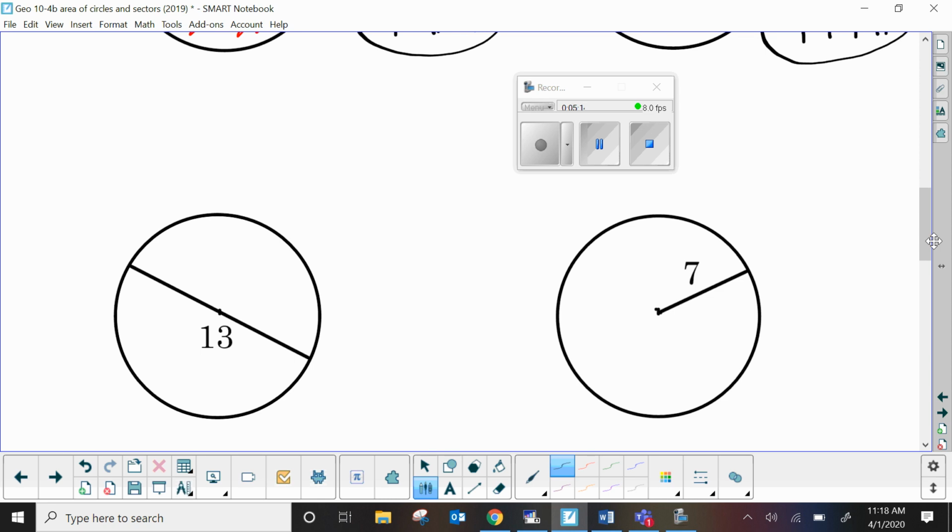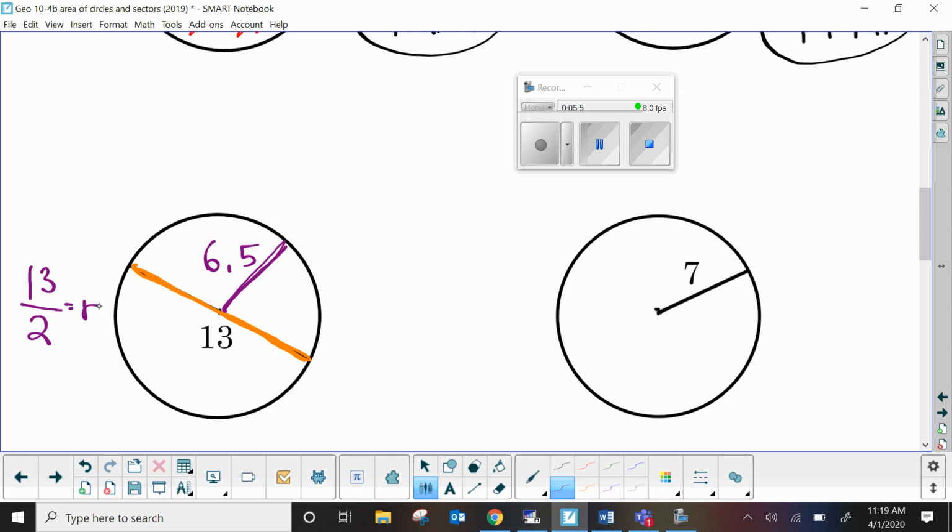I look at this circle, and unfortunately, this is the diameter. I don't want to use the diameter. I have to use the radius. Instead of 13 being the diameter, the radius would have to be half of that, which is 6.5. You could also use 13 over 2 as your radius, and I'm going to work out both of these so you can see.